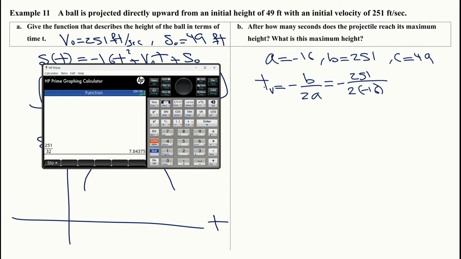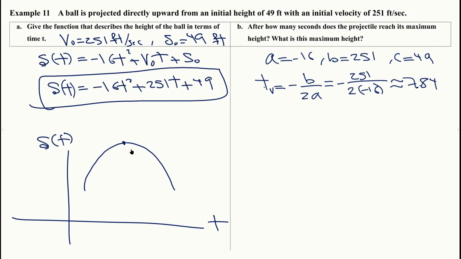Just to round things off. So basically, it's going to take 7.84 seconds for this projectile to reach its maximum height. What's going to happen to the height after that? It's going to start decreasing, right?